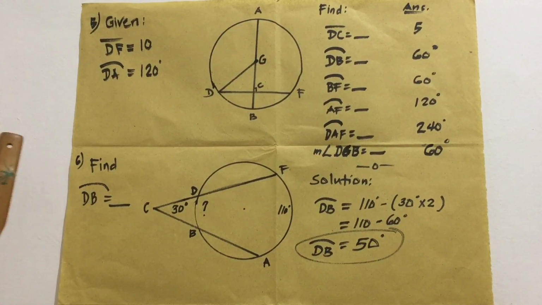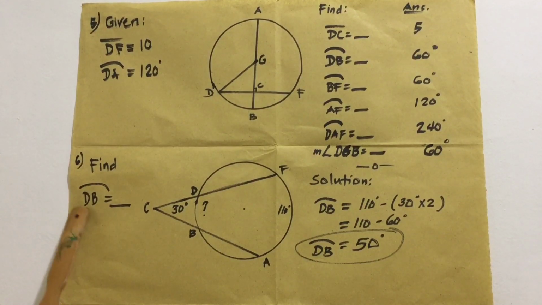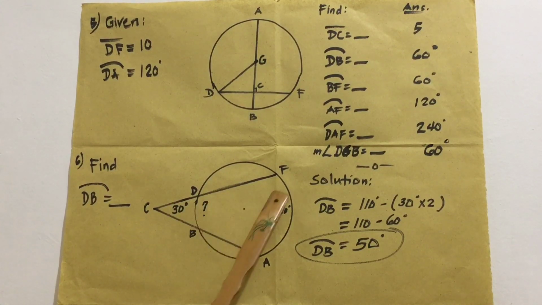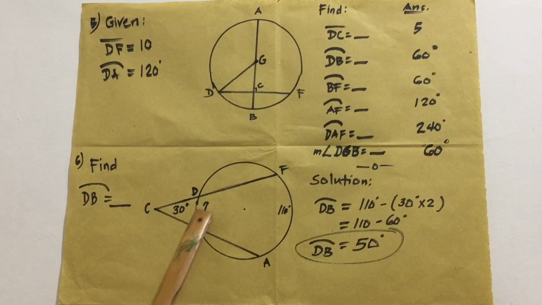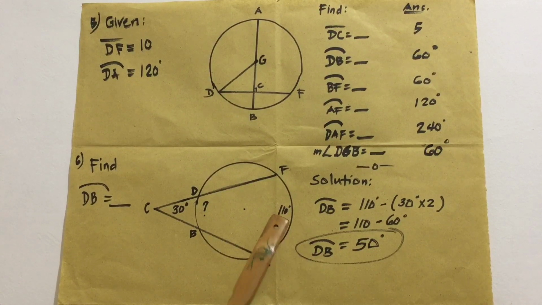Next, number 6, find arc DB. So we're going to locate the arc DB. Is here. Arc DB is the minor arc, and we have to determine the given. We have the angle C is 30 degrees and the arc FA is 110.